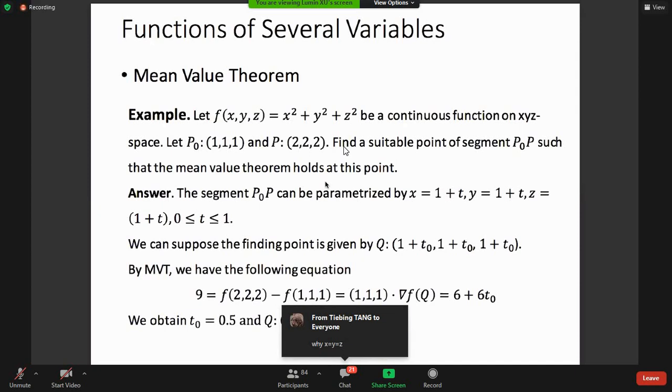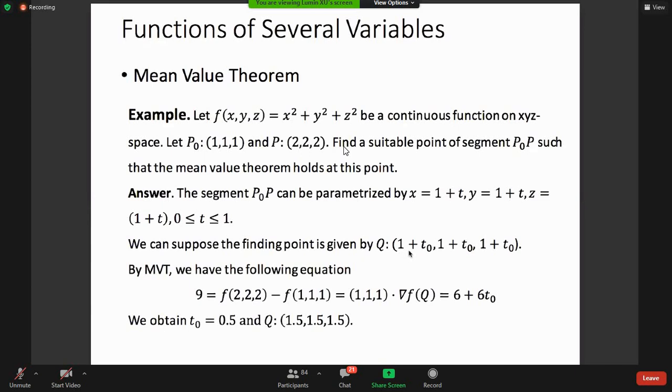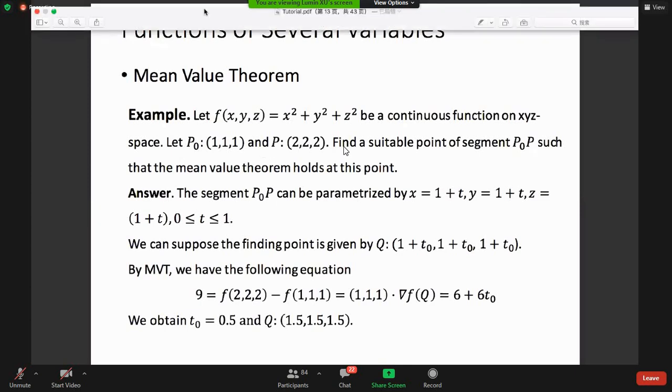x equals y equals... What does it mean? You mean why Q can be represented by x equal to 1 plus t0 and also y equal to 1 plus t0? So they are all equal because, first, I will simplify it by 2D.